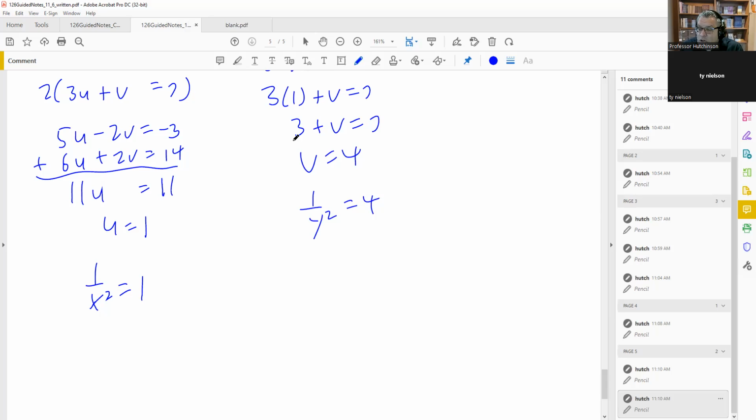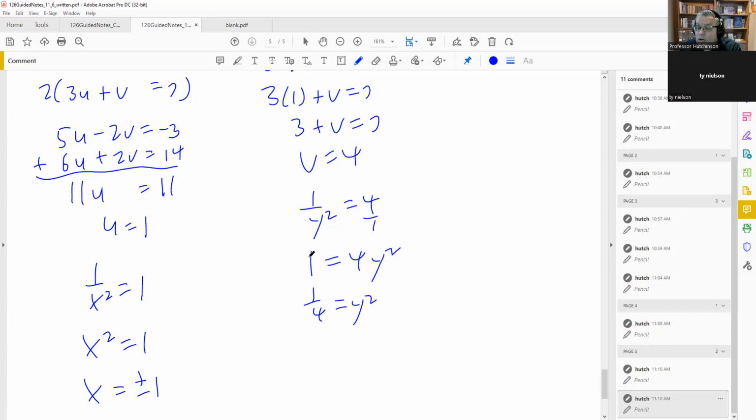So I'm putting substitutions in for each one here. If I multiply both sides by x squared, I'll get x squared equals 1. So x is equal to plus or minus 1. Now, if I multiply both sides by y squared here, I'll get 1 equals 4y squared. Divide by 4, I get this.